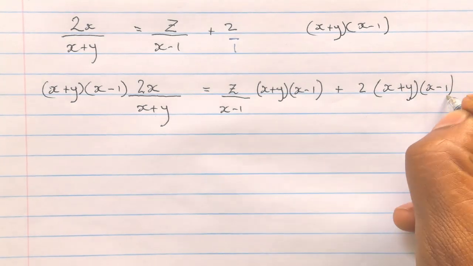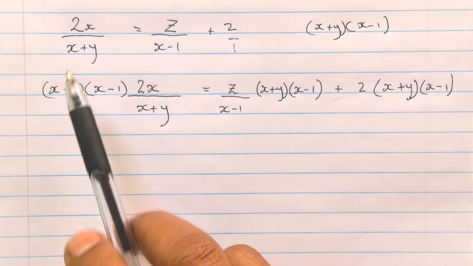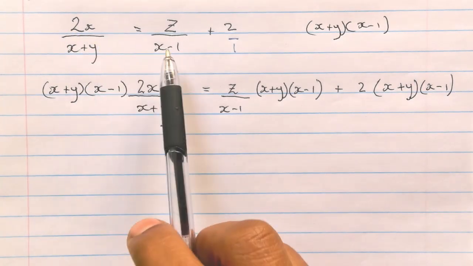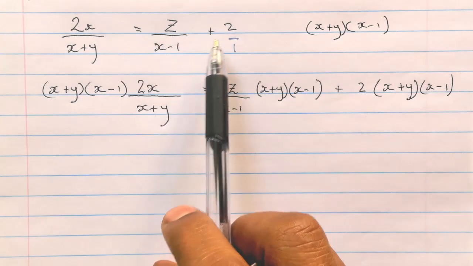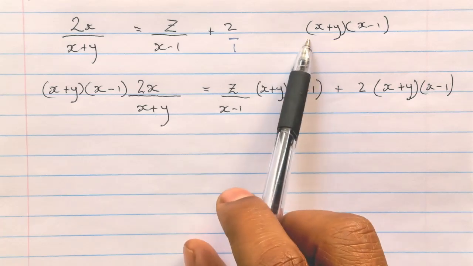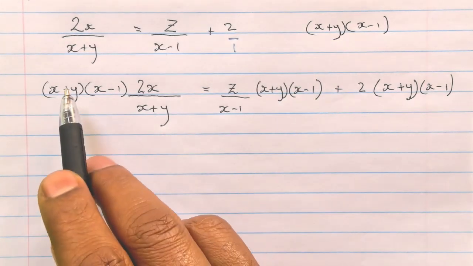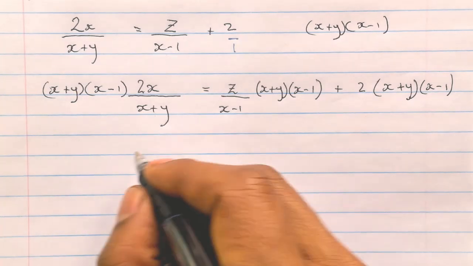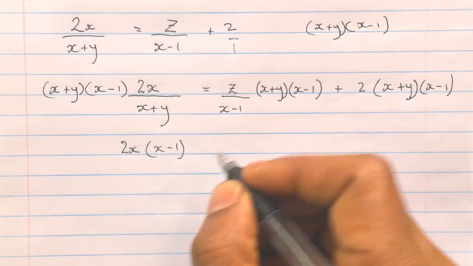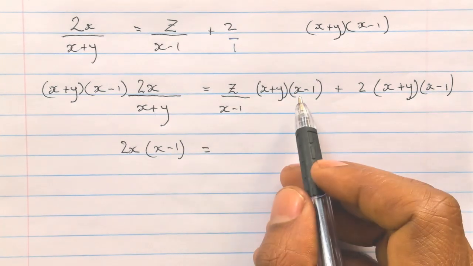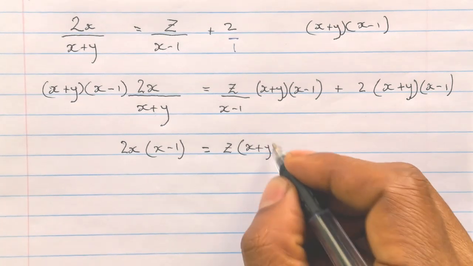Okay, right, those who are smart will multiply this 2x by this one, and they will multiply that by that one, and they will multiply this by both. And then you'll see what is going to happen. These even out. I am left with 2x and x minus 1. Then this side, these two even out. I am left with my z and x plus y.